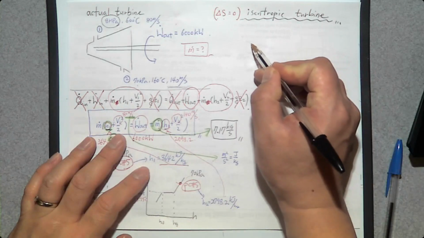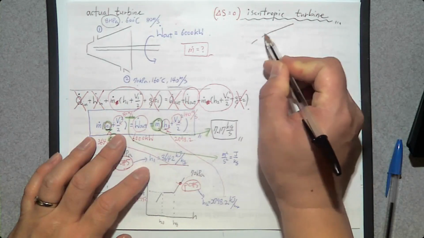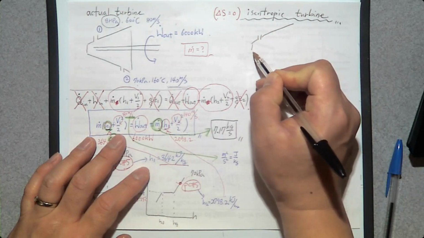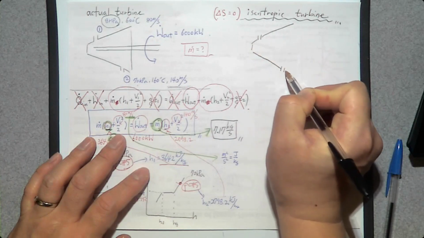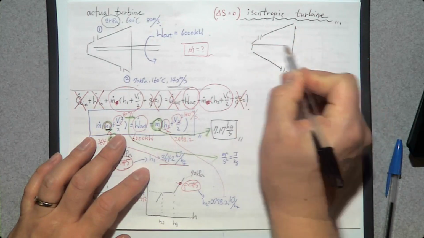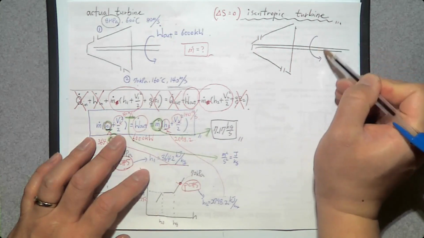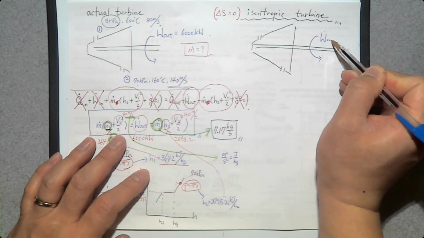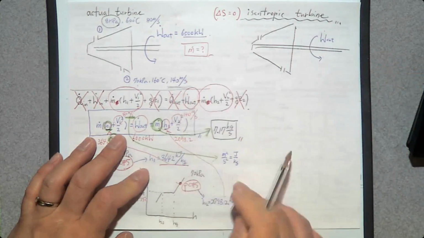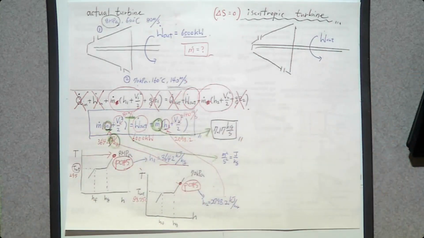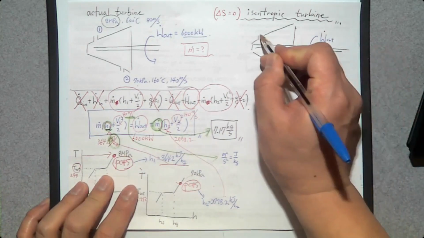So we are going to make an isentropic turbine that has one inlet and one exit. And this one produces power, but not 6,000. It will produce much more than 6,000. Then what's going to happen? Does it change the inlet condition?